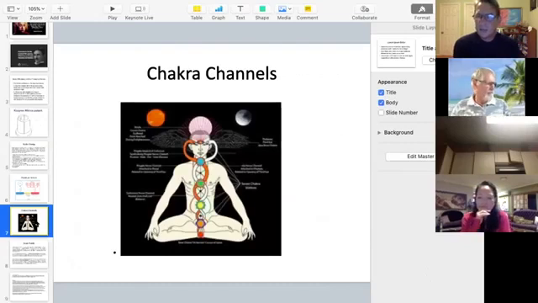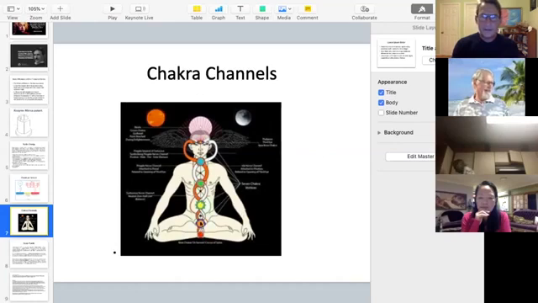As we have spoken about in previous meetings, we've talked about the energetic structures that the body uses to connect this flow of energy, which comes down through the different dimensional layers. And we all know about our chakras. This is a diagram that shows, oh, I've got my arrow here. That's great.